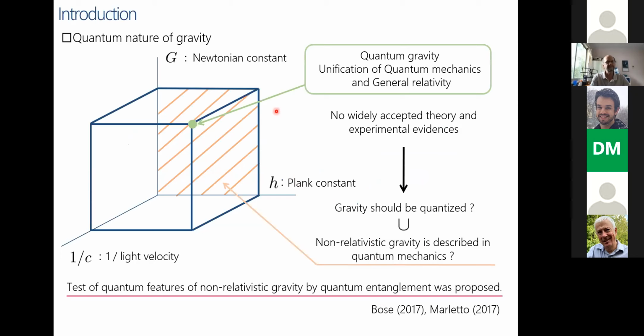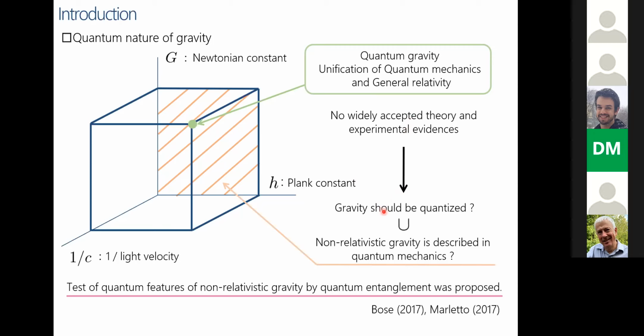Our research is motivated by quantum gravity. Quantum gravity, which unifies quantum mechanics and general relativity, has been considered in various contexts. However, there is still no widely accepted theory or experimental evidence. Due to the circumstances, the question arises: should gravity be quantized?